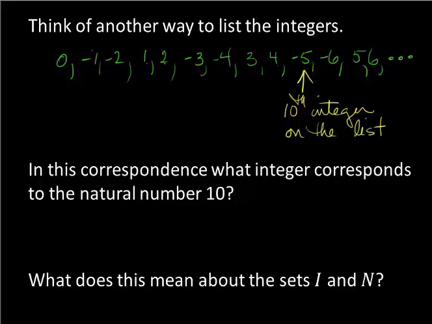So that means that the natural number 10 corresponds to the integer minus 5 in this particular list. There's not just one way of making a list, but all you need is the existence of one way in order to conclude that the cardinality of I is equal to the cardinality of n.